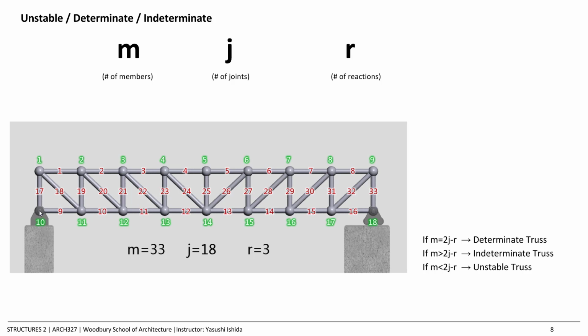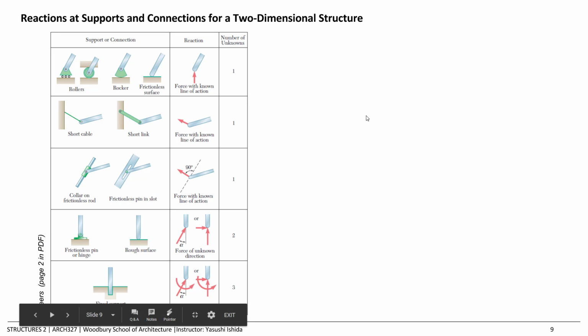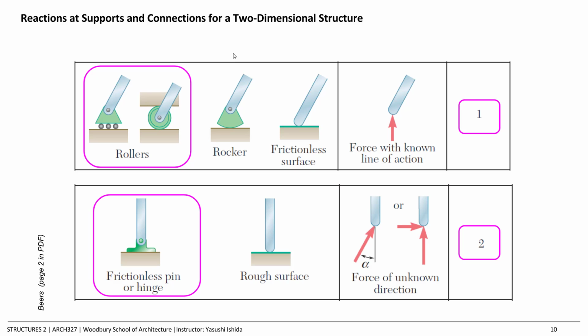We are showing one of the joints as a pin joint, which I'll get to later, and the other joint, you see this round thing, is called the roller joint. I will explain what they are. If you go to page 2 of Beer's book, you can see the definition of these different support points and number of reactions, but we are really looking at this roller and pin joint.